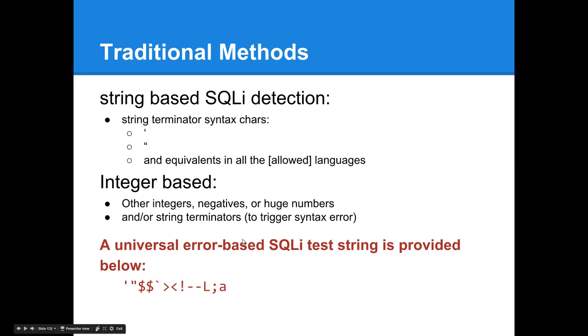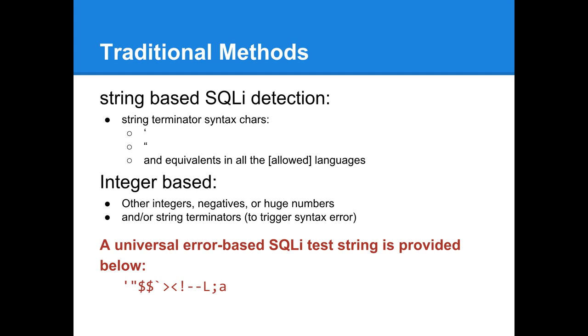So the first thing, as I said, most people check for is whether or not the site will generate SQL syntax errors and return them to the user. And commonly they try to inject string terminator syntax characters like a tick or a double quote. And there are other string terminator characters allowed in different languages.